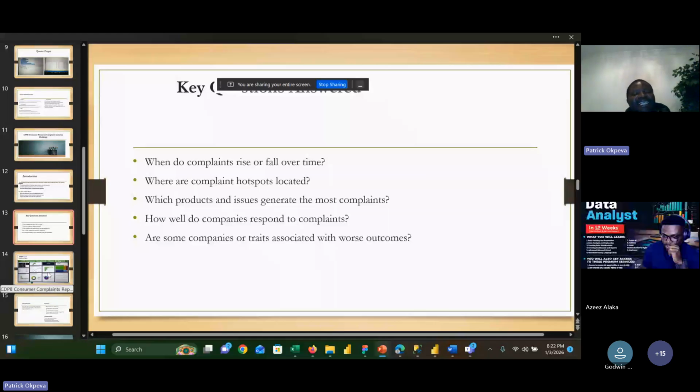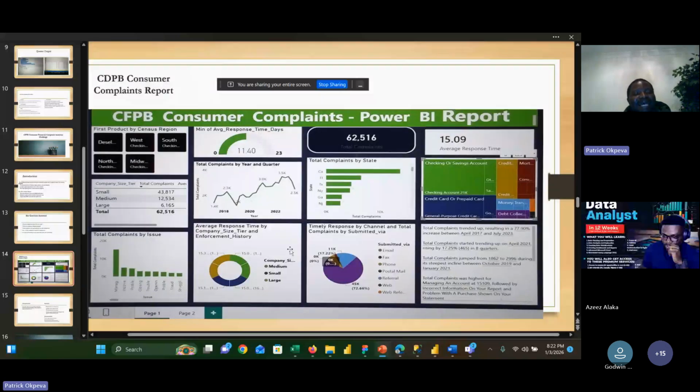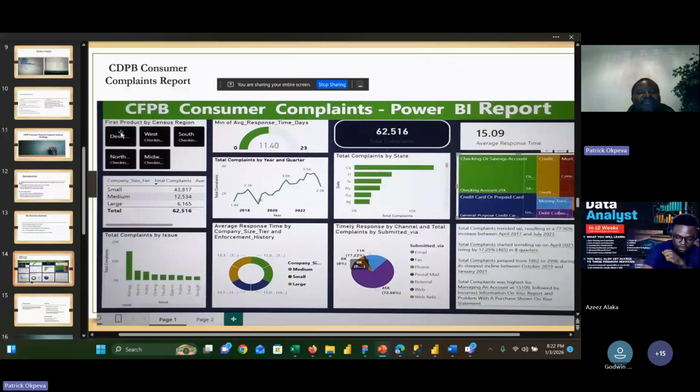And here is my dashboard. As I said earlier, it's an interactive dashboard. This is my slicer, and this is the average response rate. Before that, this card shows the total complaints over time, which is 62,516.